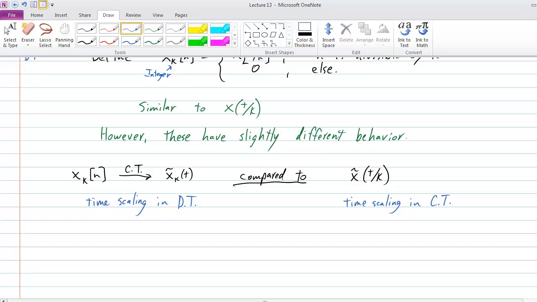This is the substitution I made, and as long as I sum over all integer values of m, I am going to include every non-zero term in this sum. So I only have to sum over m's instead of all the n's. Let me put one step in between: I can keep this here and just replace every n with m k, delta of t minus m k t.